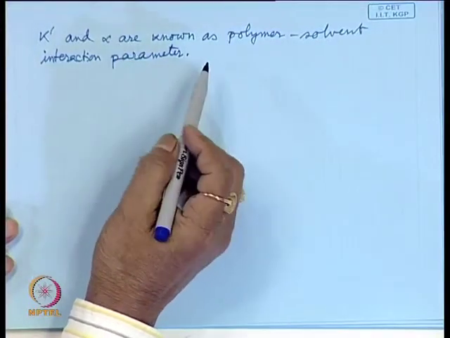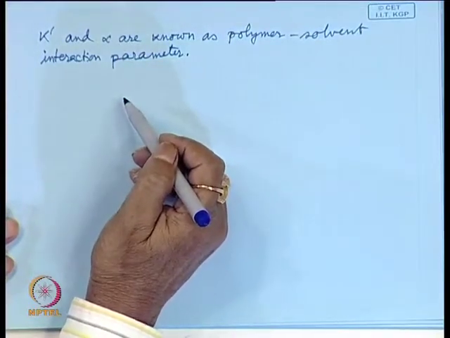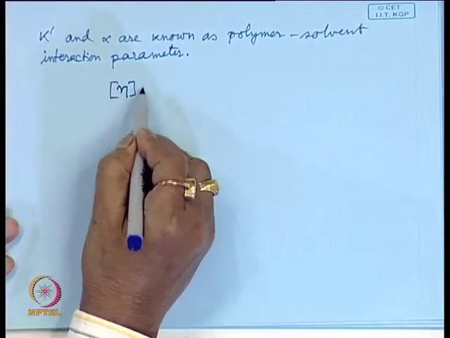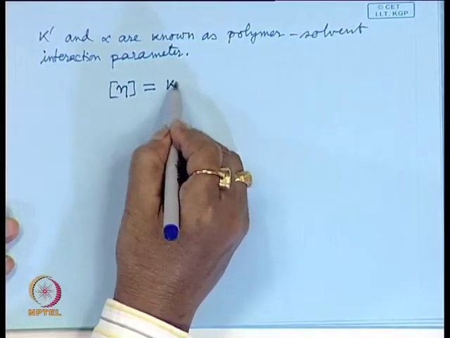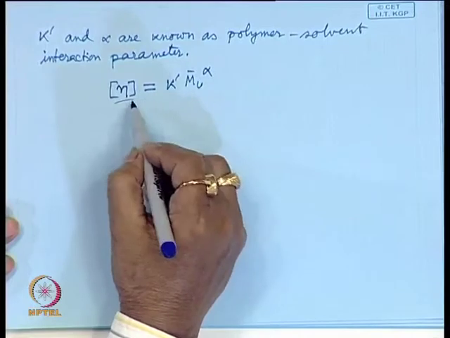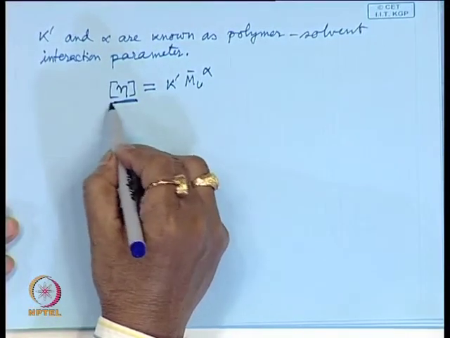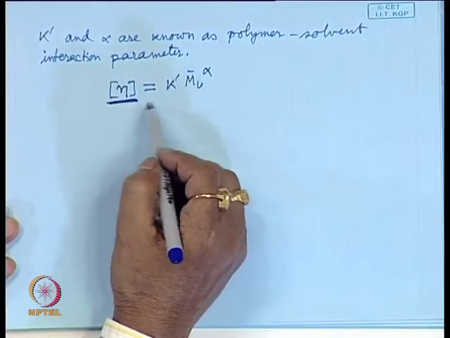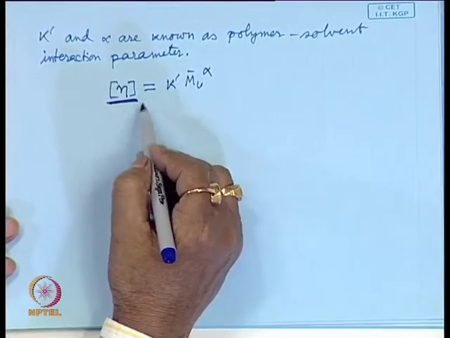Here K prime and alpha are polymer solvent interaction parameters. If those values are known for a system, then from the relation eta intrinsic equals K prime M v bar to the power alpha, this is an experimentally determinable parameter, you get it from flow times.